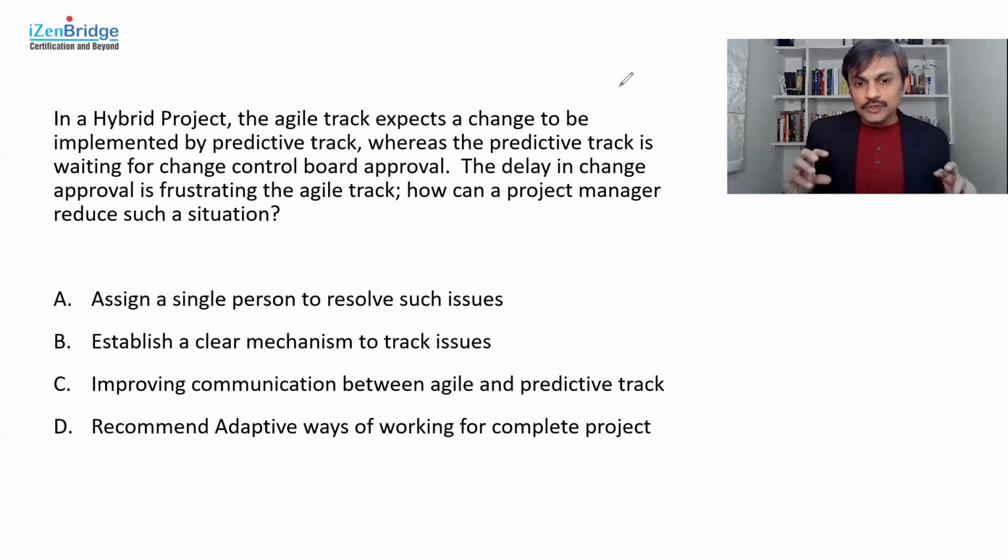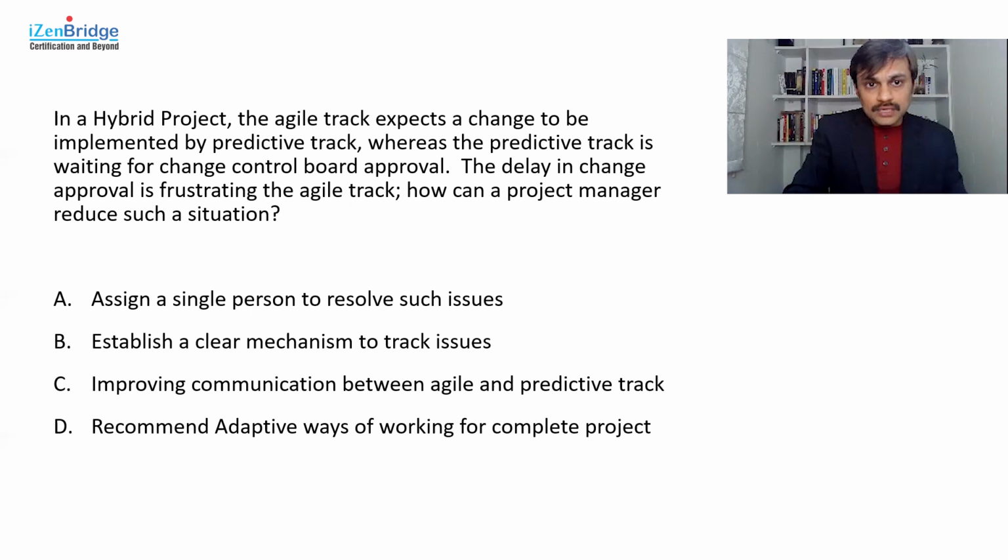Now we need to choose between B and C, and there could be a difference of opinion here. It's a little controversial question in a way. The issue is whether we should have good tracking that helps us resolve things better, or focus on reducing the situation.